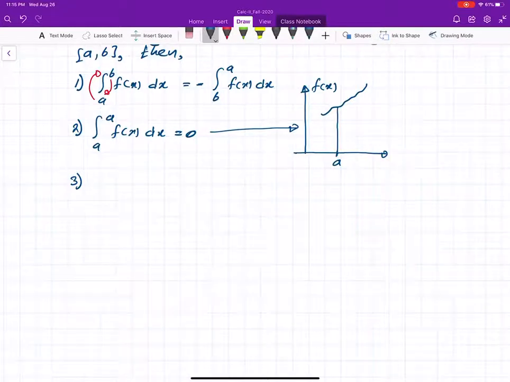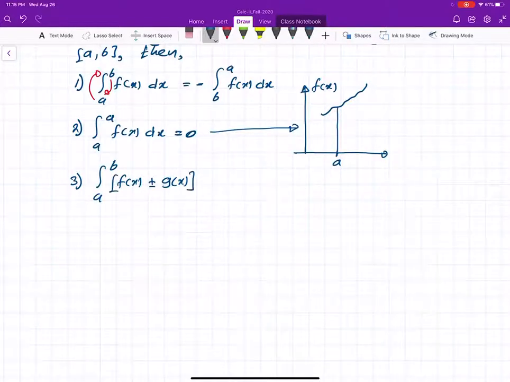Let's say you are going to integrate two functions from a to b. Integration from a to b, the first function is f of x, and then you have some plus or negative here, and then you have the second function g of x.